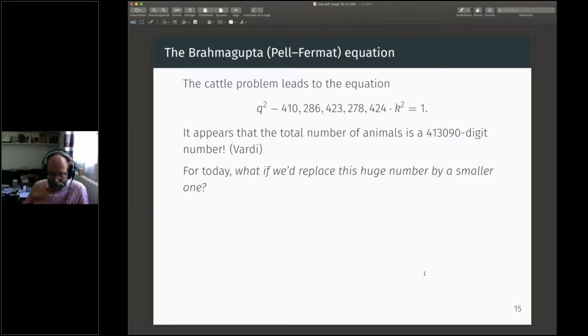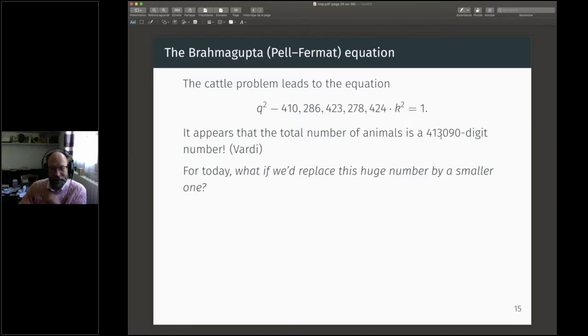And this problem has been solved in the 19th century and 20th century. And Ilan Vardi has a paper in the American Mathematical Monthly explaining how to solve this cattle problem up to the end, and how to write down the total number of animals, which will be a huge number.